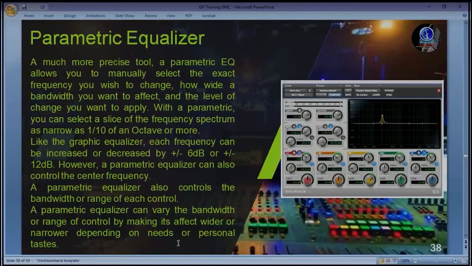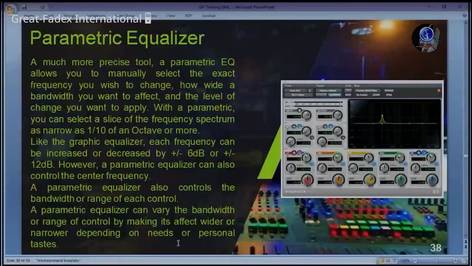It is wider, it is narrow, or you don't want it to spread to some other frequency, you just want to narrow it at a particular frequency, maybe 1K or 500 or 300 hertz. And if you are working at maybe about 8K, or your voice at around 4K, you can narrow it to make sure that that particular frequency is what you want. It won't shift to other frequencies, either left or right. So a parametric EQ is a more precise tool, mostly found on digital mixing consoles.